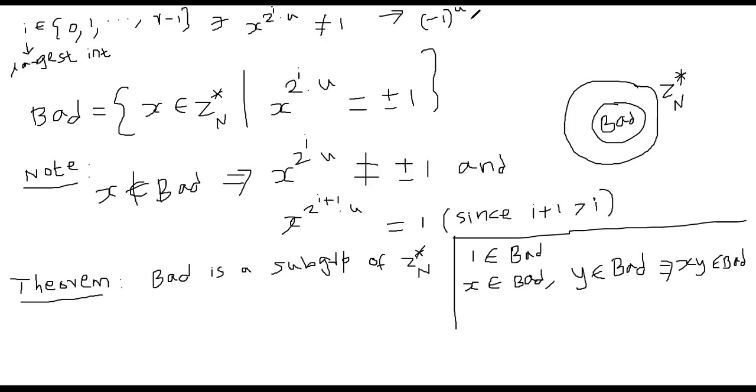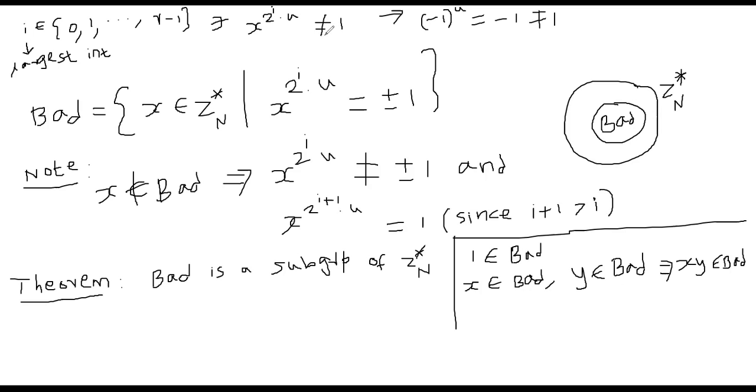So minus 1 power u is just minus 1, which is not equal to 1. That means we are definitely able to find a largest i such that x power 2^i times u is not equal to 1 in the group Z star n that we are playing with.